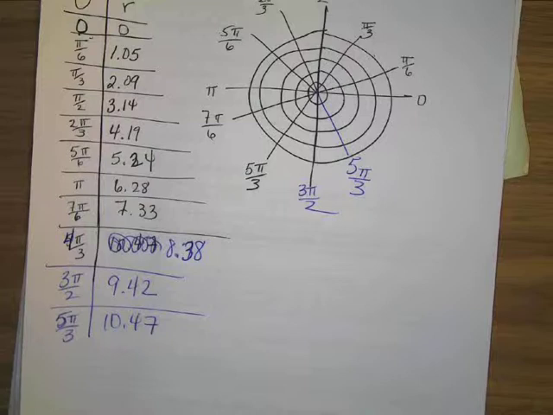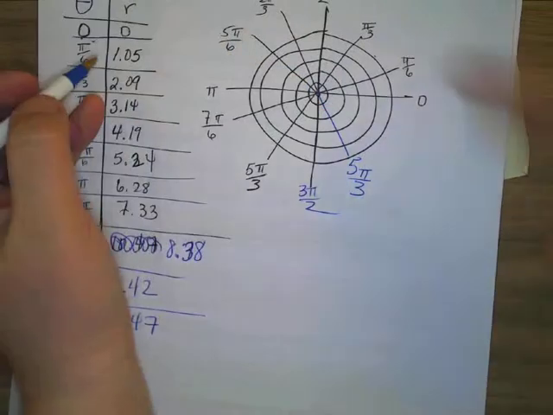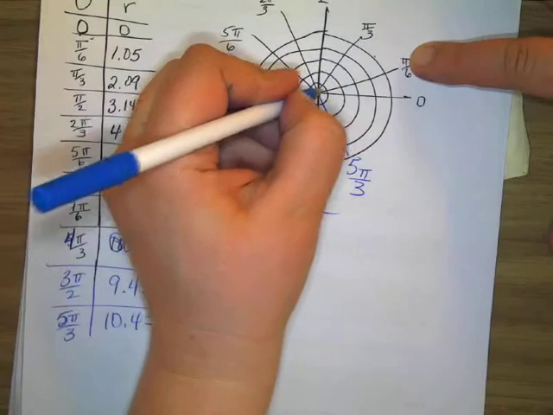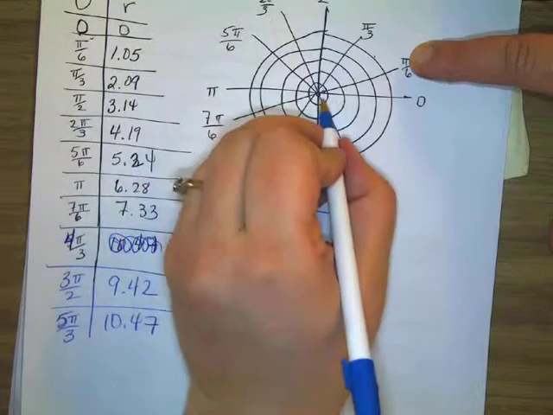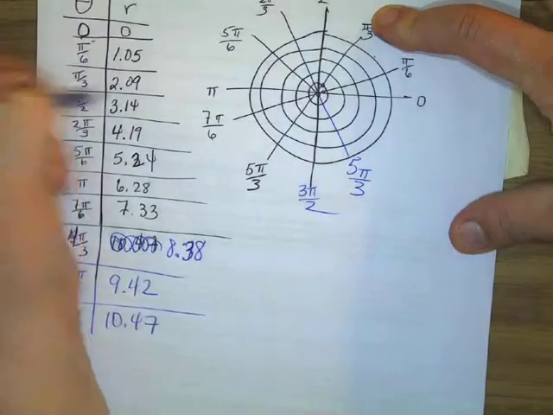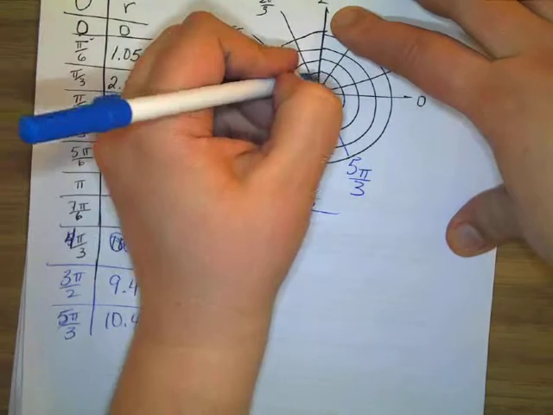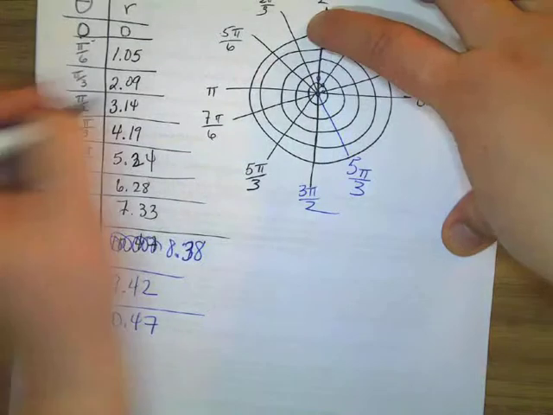So now can we just plot the points? Yes. So at 0, it's at 0. So you start at the pole. And then at pi over 6, we go out 1.5. So barely at all right there. And then at pi over 3, we're at 2.9. Pi over 2 at 3.14. So what's happening to our numbers?